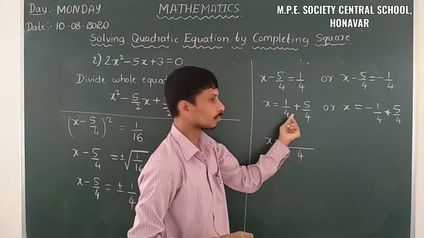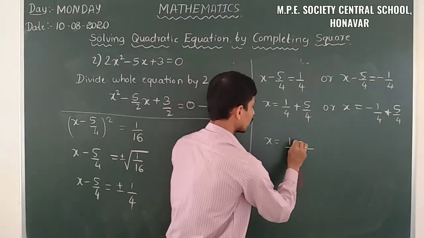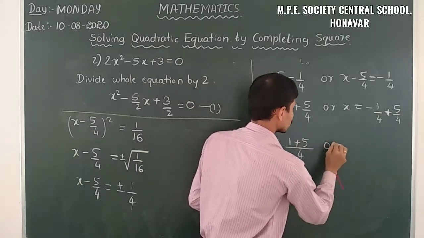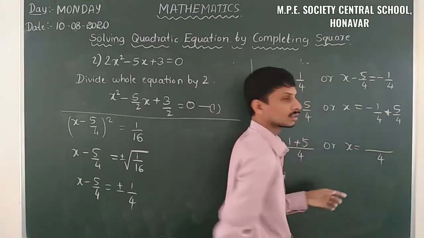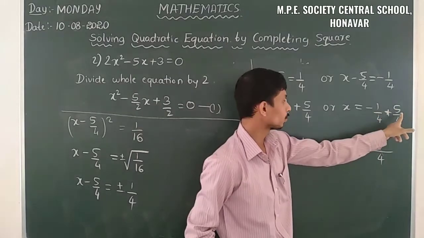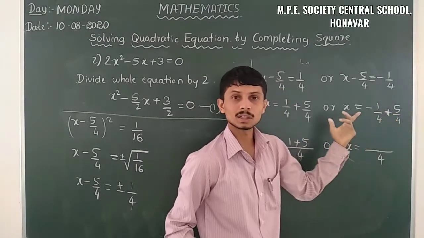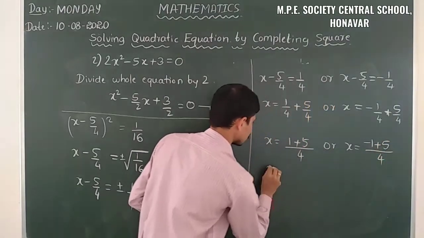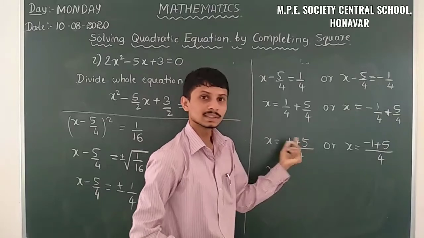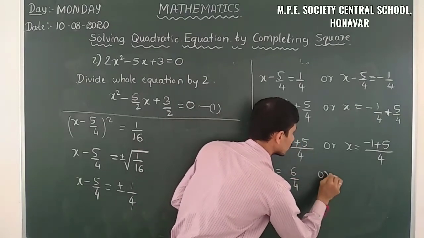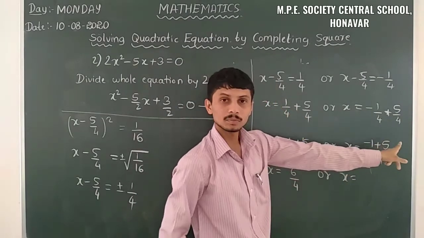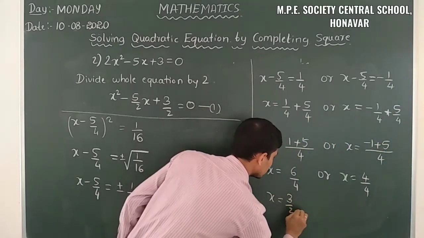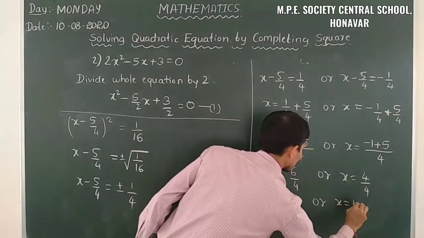Here we multiply the numerator and denominator with 1, and here also with 1, so 1 plus 5. So x is equal to 6 by 4, or x is equal to minus 1 plus 5, which means 4 by 4. So here x is equal to 3 by 2, or x is equal to 1.